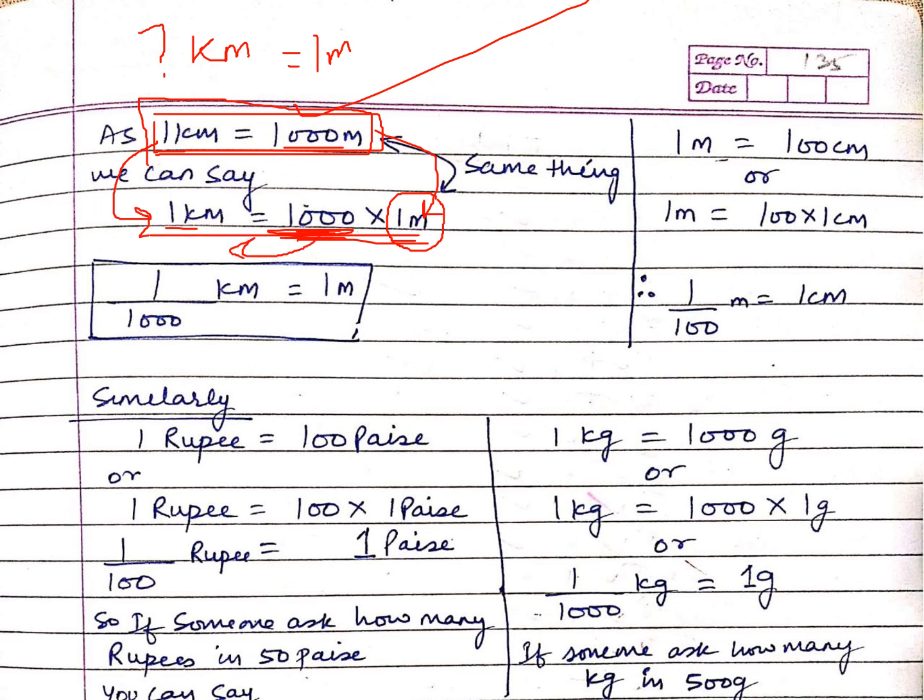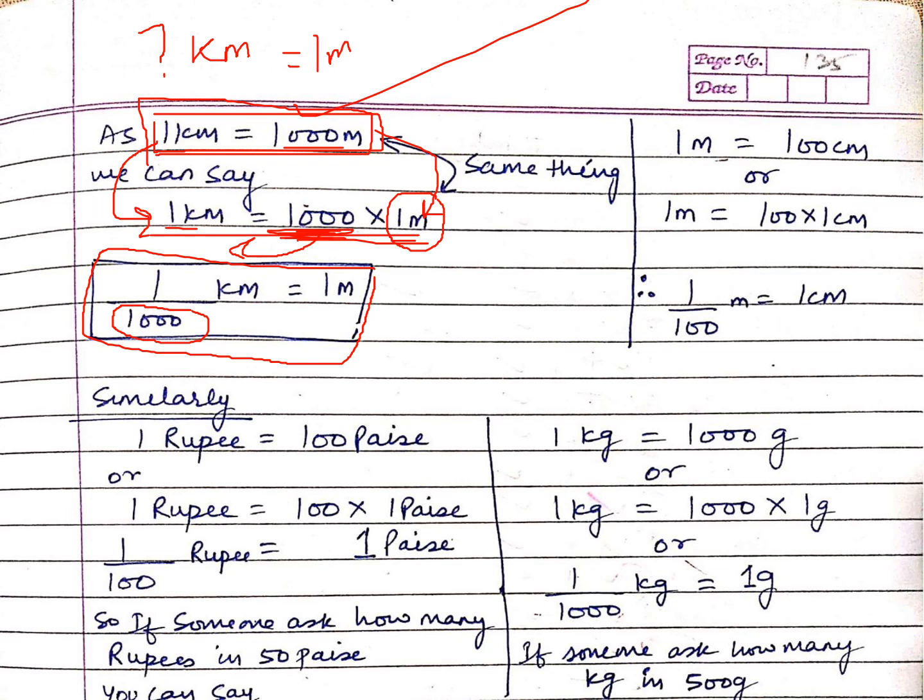For this, there is a rule. As 1000 is getting multiplied over here, when it goes to that side, it will come in division. So 1 meter is equal to 1 upon 1000 kilometers. Don't worry, we will discuss more questions like this, so you will be clear with this.